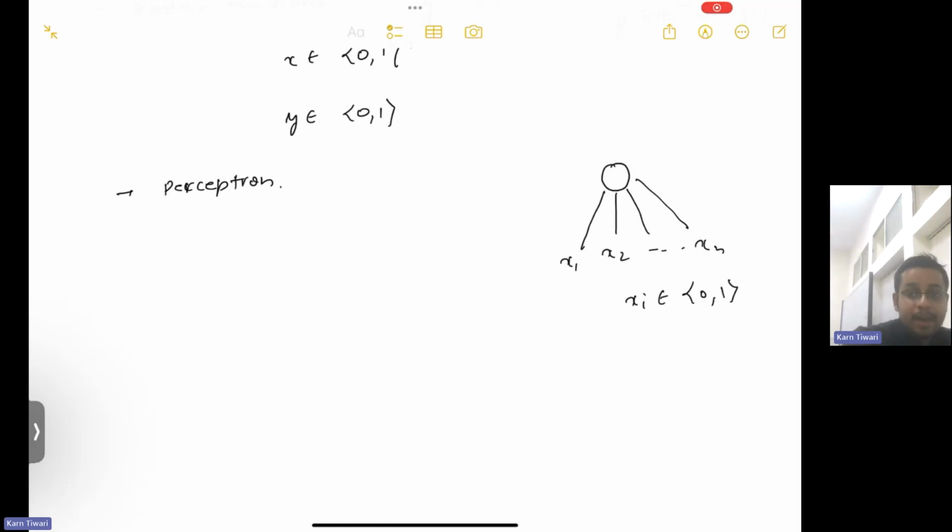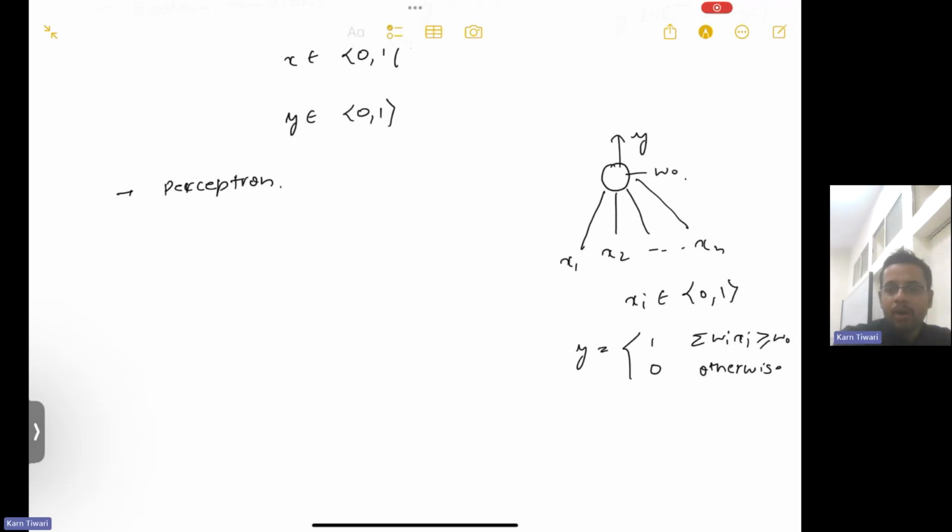It's a set, that's why I'm writing it in curly brackets instead of normal open and closed brackets. Then it gives the decision output, and here was the bias term. The output y was 1 if the summation of wi xi is greater than or equal to the bias term, otherwise it was 0.